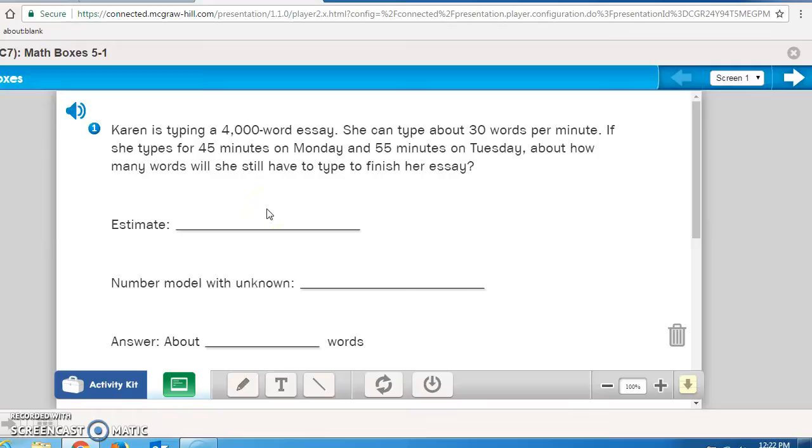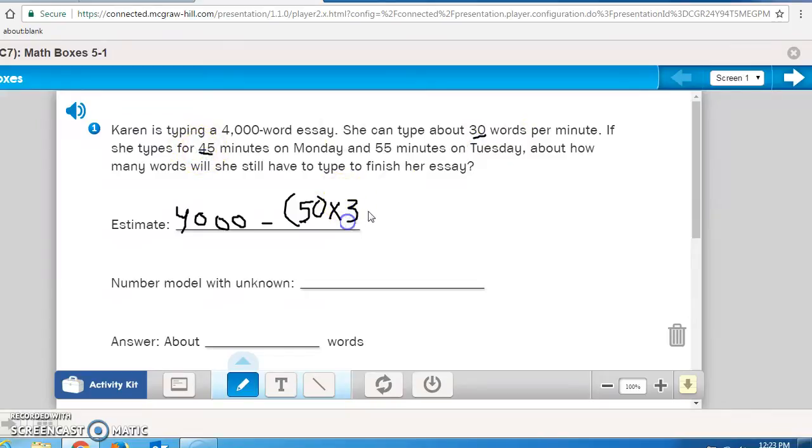Well, remember, first, we're doing the estimate. So I'm looking at the numbers they gave me. They gave me a total of 4,000. And I'm taking away 50, because I rounded 45 to 50, minutes at 30 words per minute.